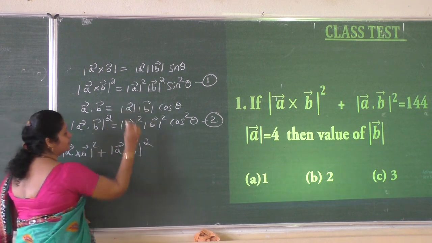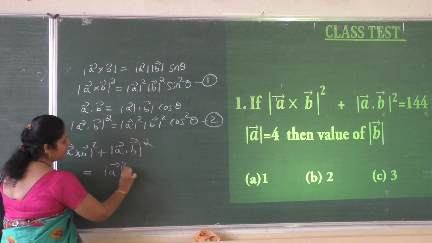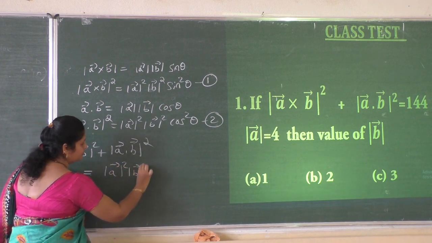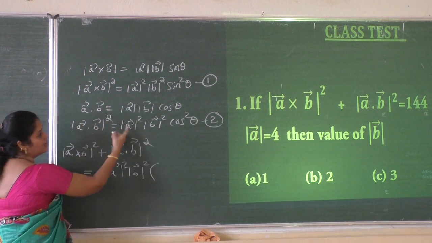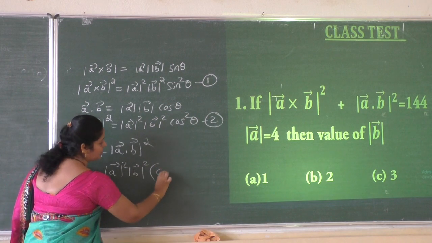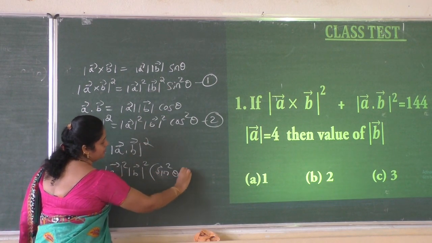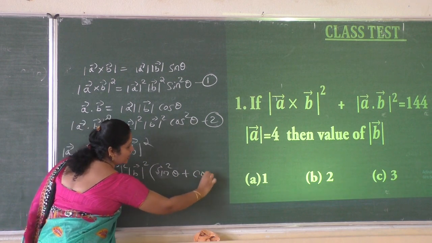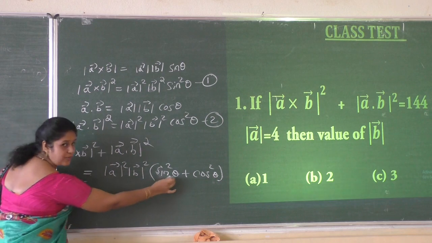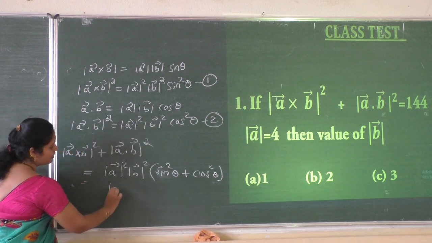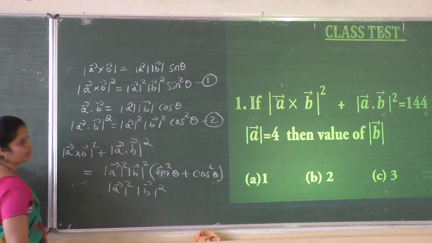Adding them, you have these two as common. Then what is remaining? Here sine square theta plus cos square theta, right? Sine square plus cos square is 1. Answer: magnitude of vector A square, magnitude of vector B square.